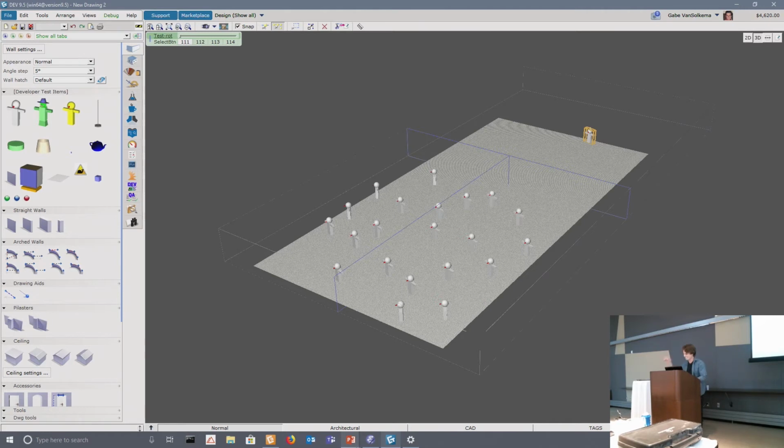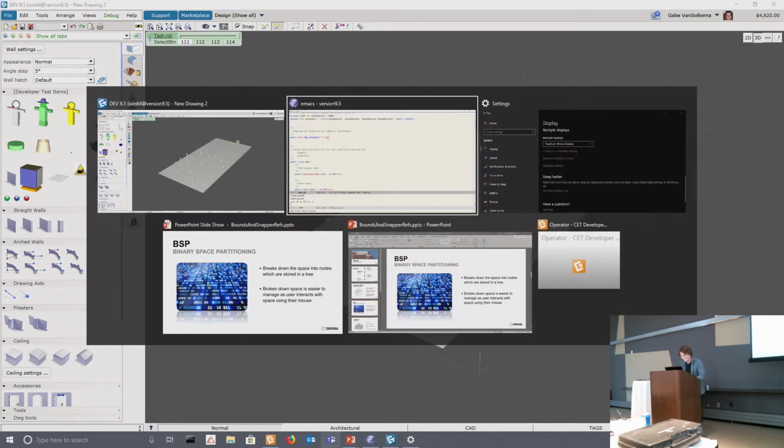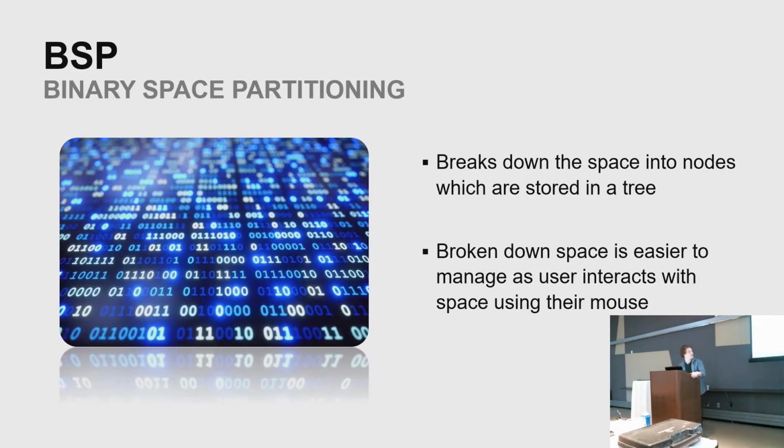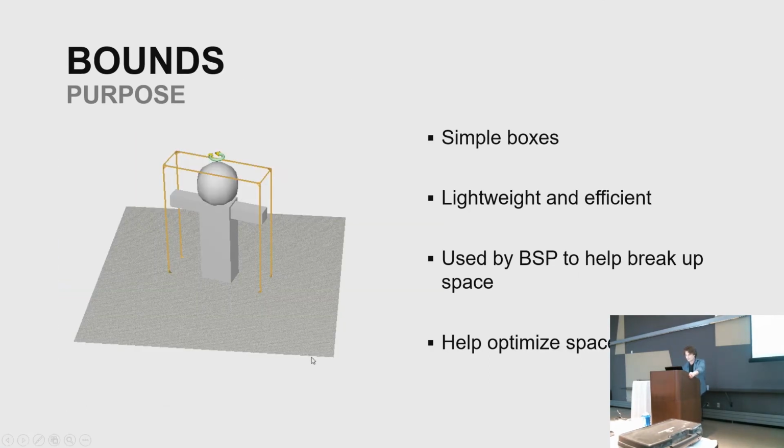Okay, so bounds are very lightweight. They're simple. They're boxes, and those are values. Those are not like a class. They're not objects, so they're very simple.